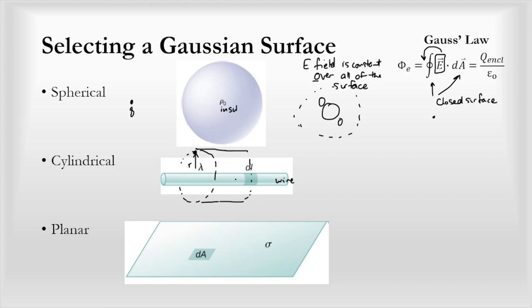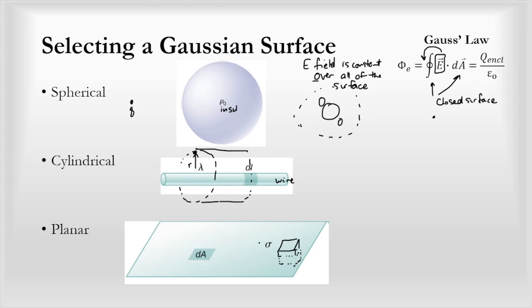Okay, so cylindrical symmetry. The other one we have is planar symmetry. You can see that this is some sort of surface charge density. It's over an area. In order to create a closed surface, we choose some area here, and then it goes down, intersects the plane, and goes down onto the other side.